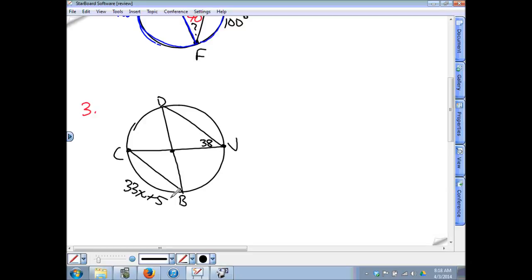Ooh, I didn't do that one very well. That doesn't go through the center. Kind of comes more like that, isn't it? And there's one from C to B. There we go.